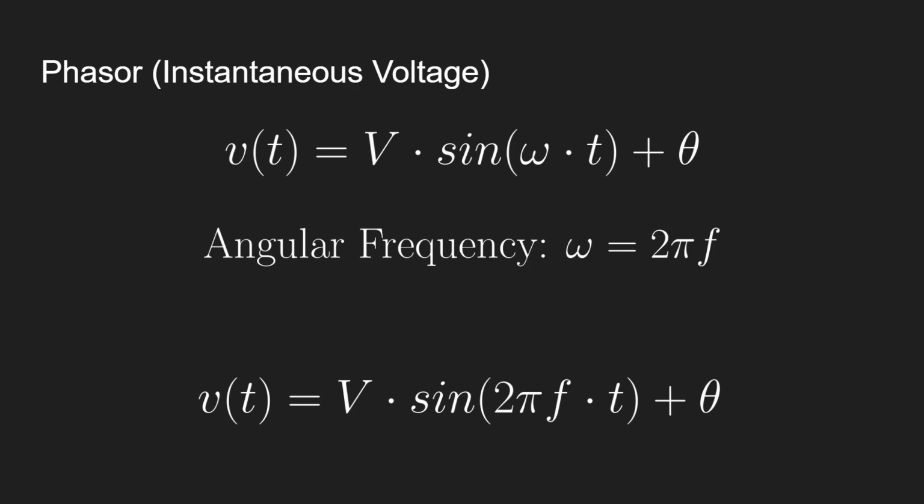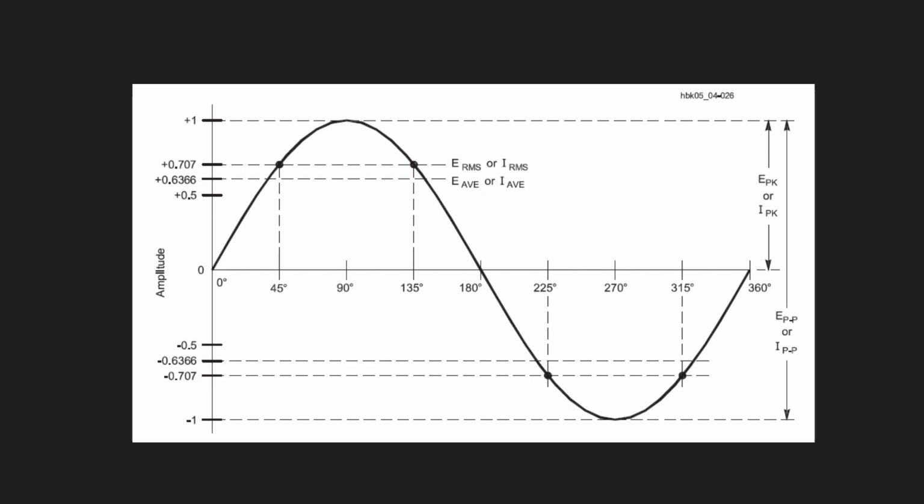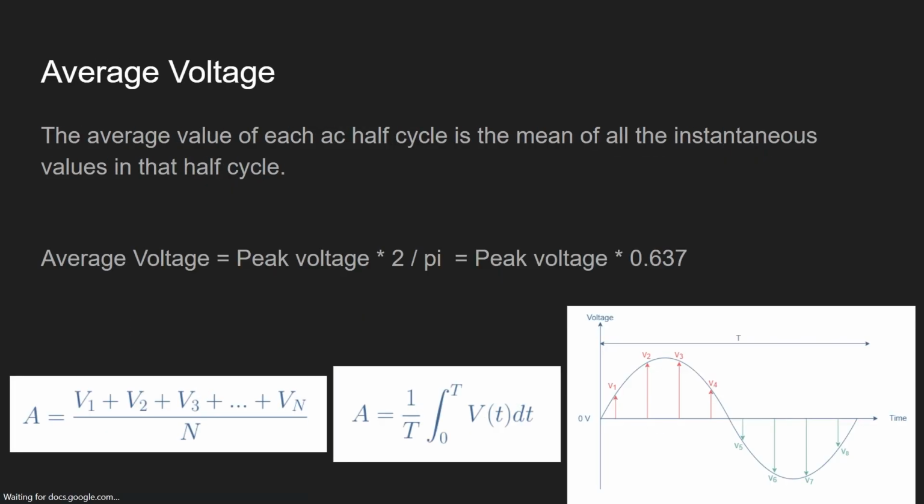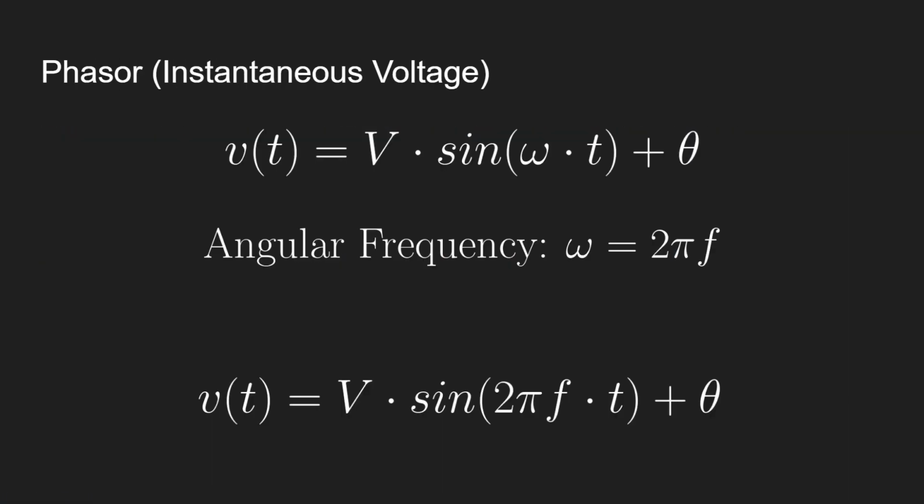So actually you know that a perfect AC goes with a sine wave. So this part is denoted at any time point as the peak value multiplied by a sine value. And this theta here is the starting angle, or the initial angle.